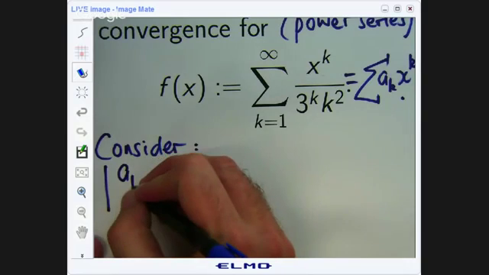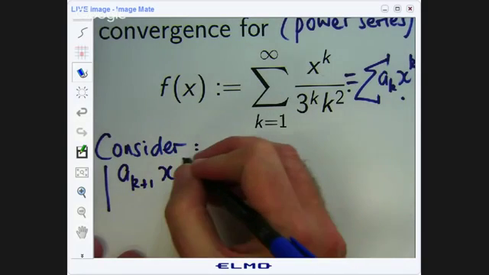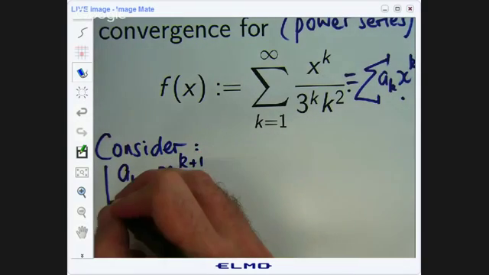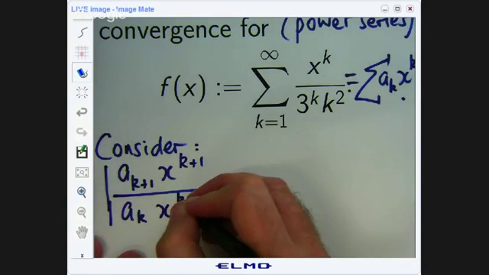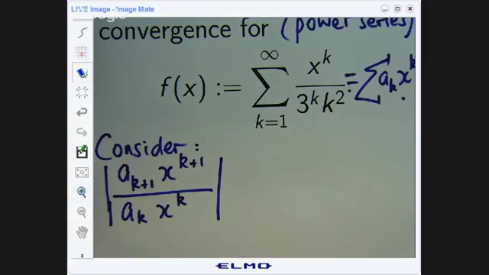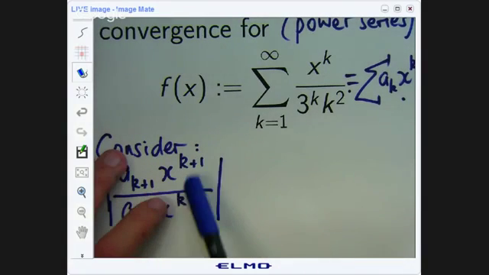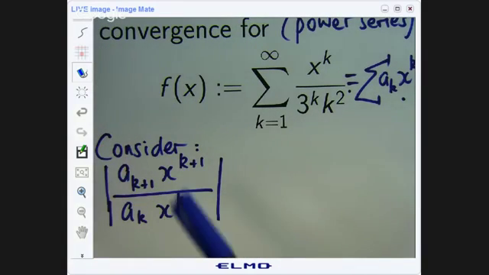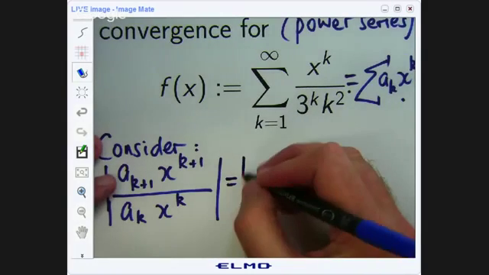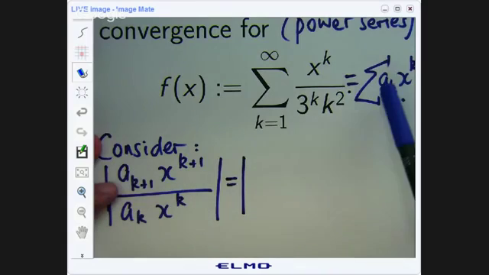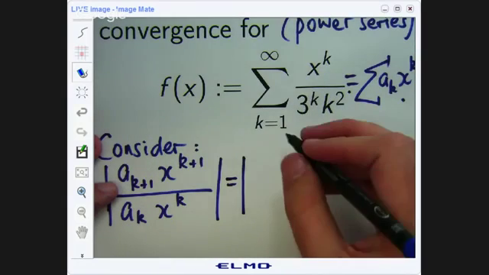So consider this ratio. We're going to apply an idea called the ratio test. Now, of course, these things cancel out straight away and you just get x here. But let's just write it in for completeness.